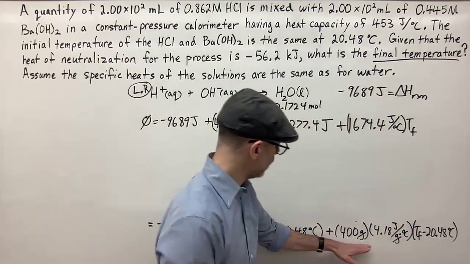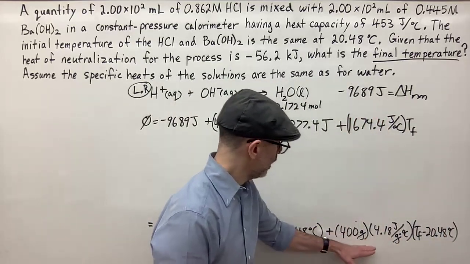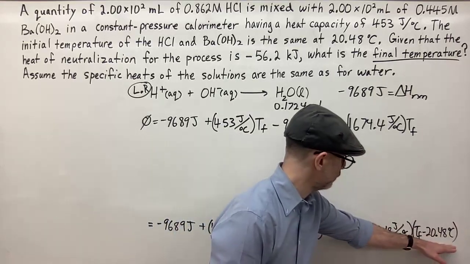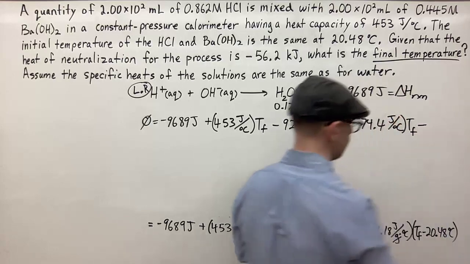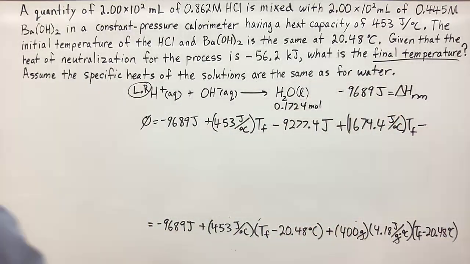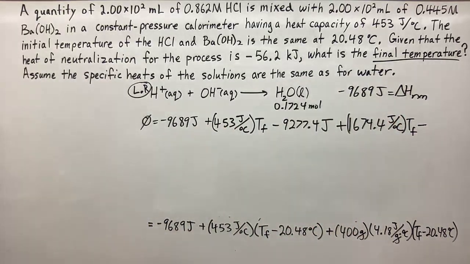And then again, I'm going to multiply these two together and then multiply by the negative 20. That's going to give me a negative there. And when I do that, what do I get?